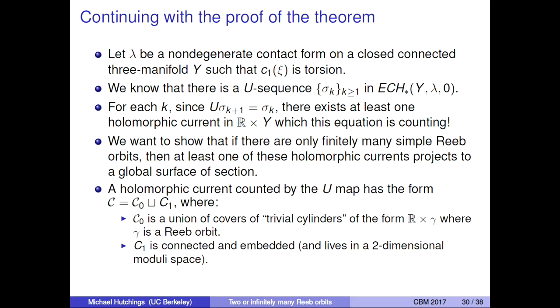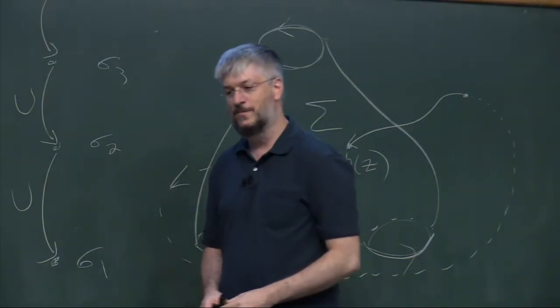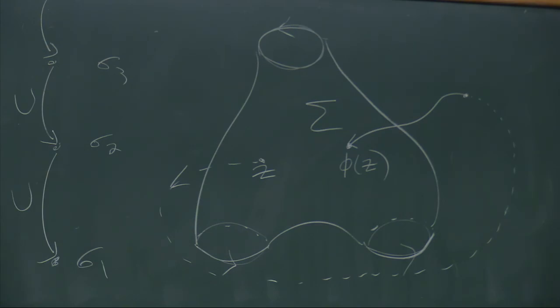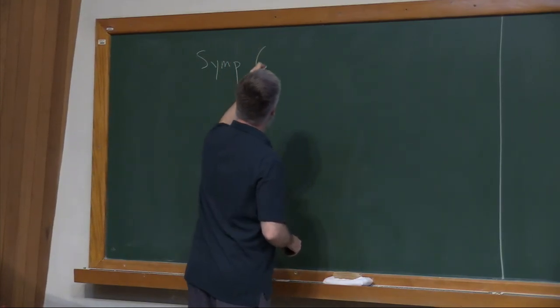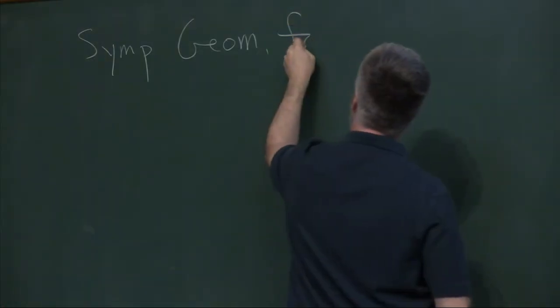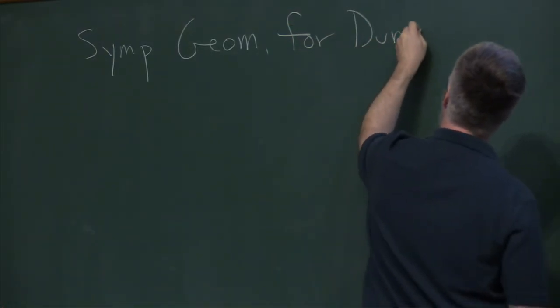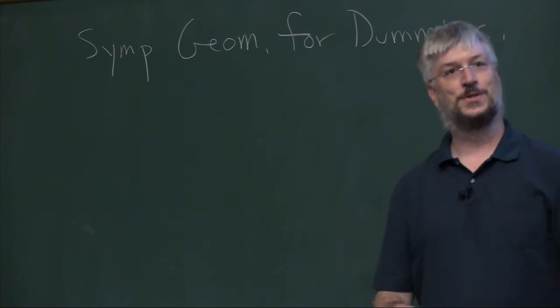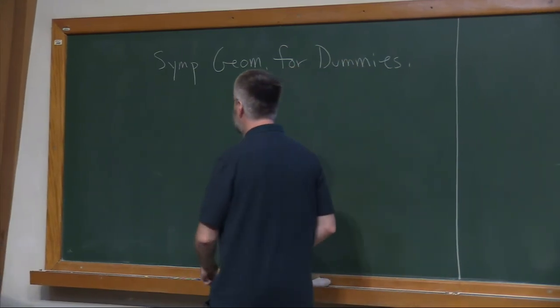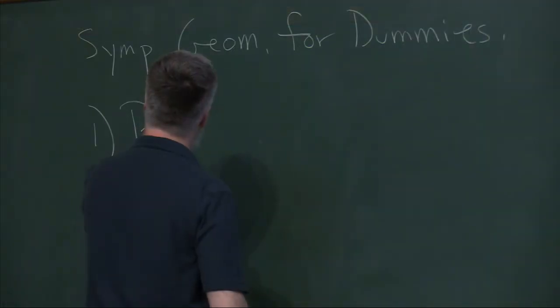Each one of these arrows tells me that there exists some holomorphic curve. And for the kind of symplectic geometry I do, this is really the essence. So here's a sort of symplectic geometry for dummies. Well, not all symplectic geometry, but the kind of symplectic geometry that uses holomorphic curves. The way it works is, one, you prove that a holomorphic curve exists.